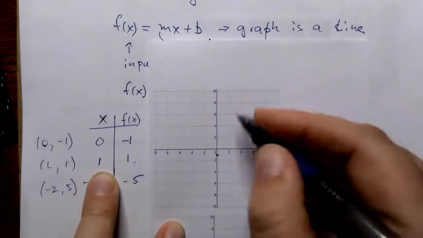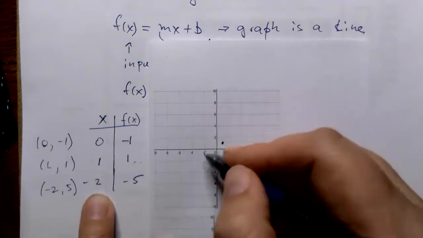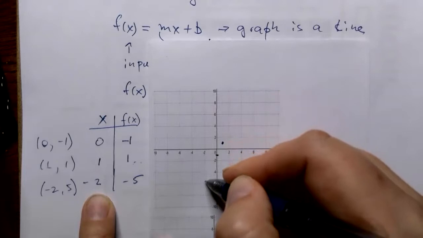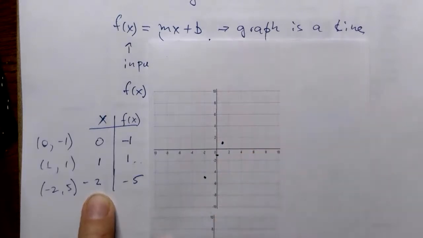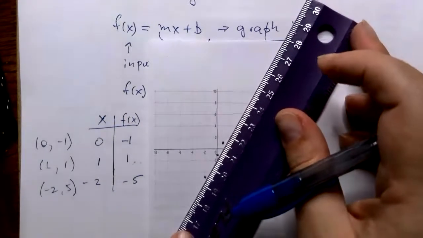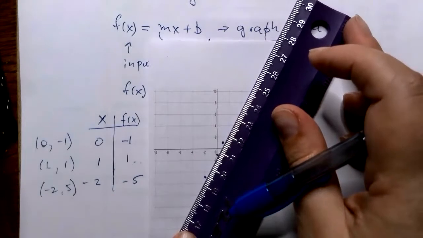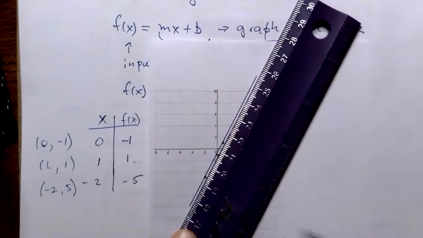Now the next point is (1, 1), and (-2, -5). Where's my -5? Right here. Okay, it looks like my points line up, so we can now use a ruler to graph that line. There you go.